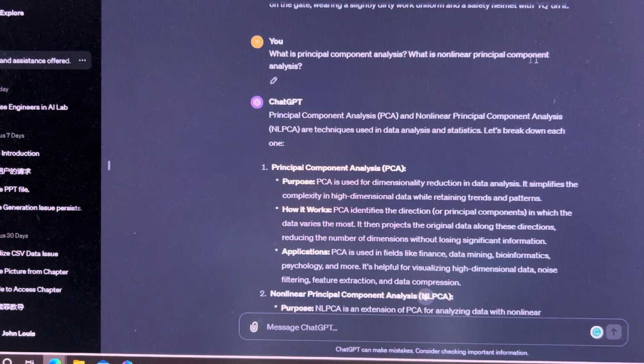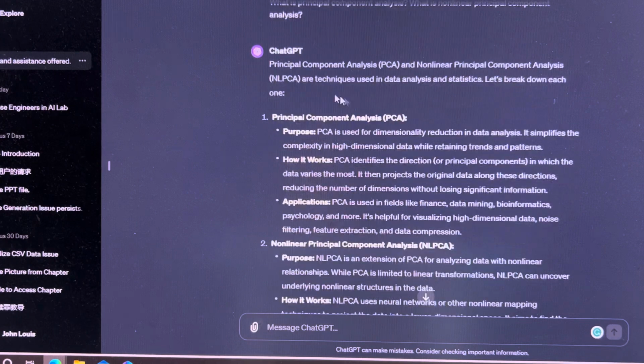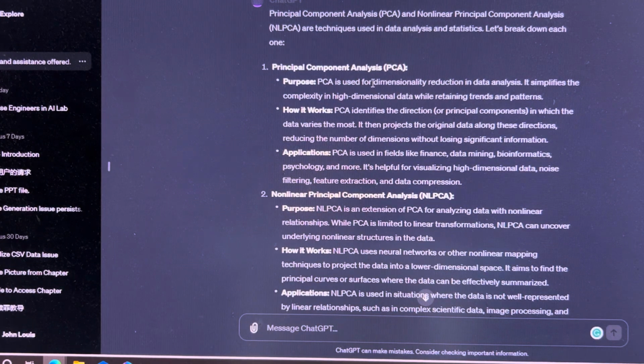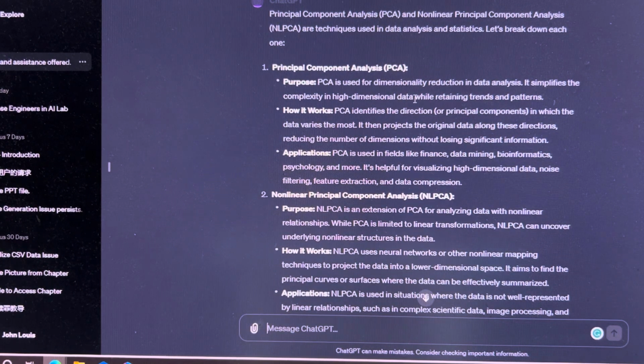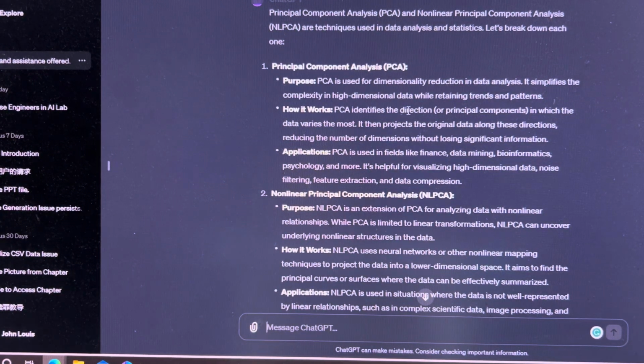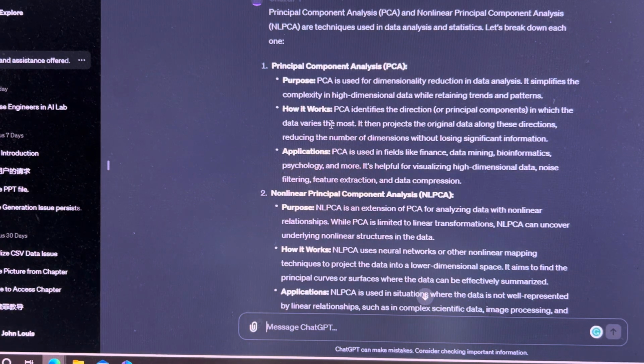What is nonlinear principal component analysis? ChatGPT just gives a very good answer in a very organized way. PCA is used for dimensionality reduction in data analysis. It simplifies the complexity in high-dimensional data while retaining trends and patterns. How it works: it identifies the directions, the principal components, in which the data varies most.